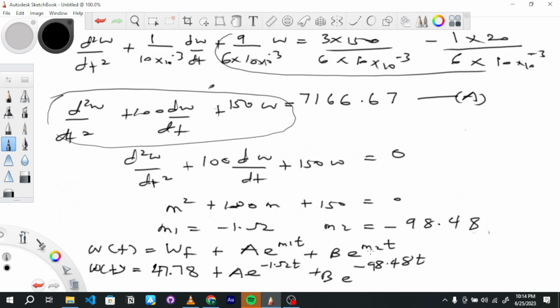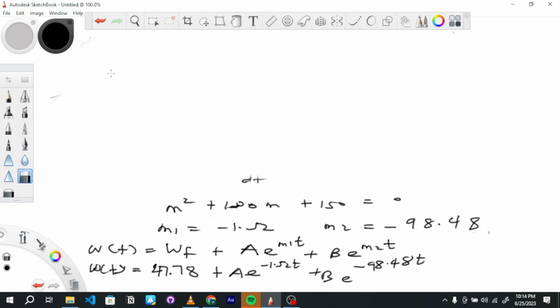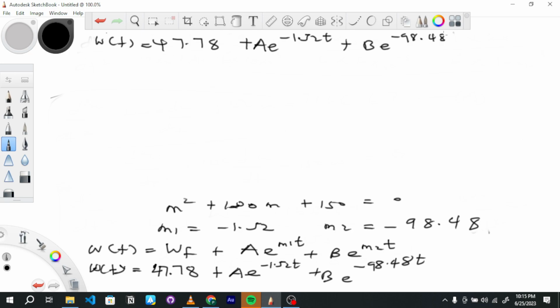So right now we have this function. Let me clean everything and write that function at the top. That's where we are now: omega of t, as a function of time, is equal to 47.78 plus A e to the minus 1.52 t plus B e to the minus 98.48 t.